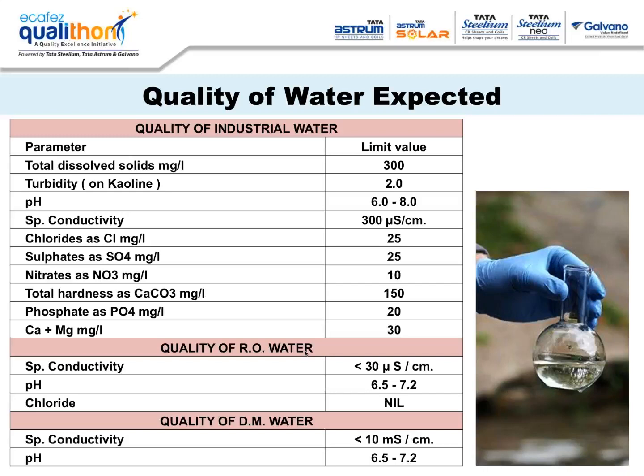So whatever water you are using for your pre-treatment system, you should check the water on a regular basis and keep a record. And if your water quality is not good, please install an RO water plant in house, which will give you the best water, and that water you can use for the entire pre-treatment.